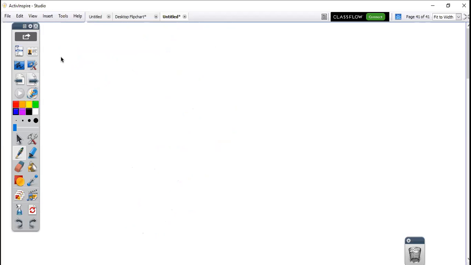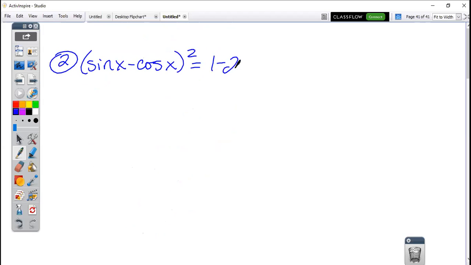Another verify. So 1, 2, 3, and 4 are all verified, and then we got some more at the bottom. So 2, verify that sine of x minus cosine of x squared equals 1 minus 2 sine of x cosine of x. Okay. So they're all sine and cosine, so that's checked.